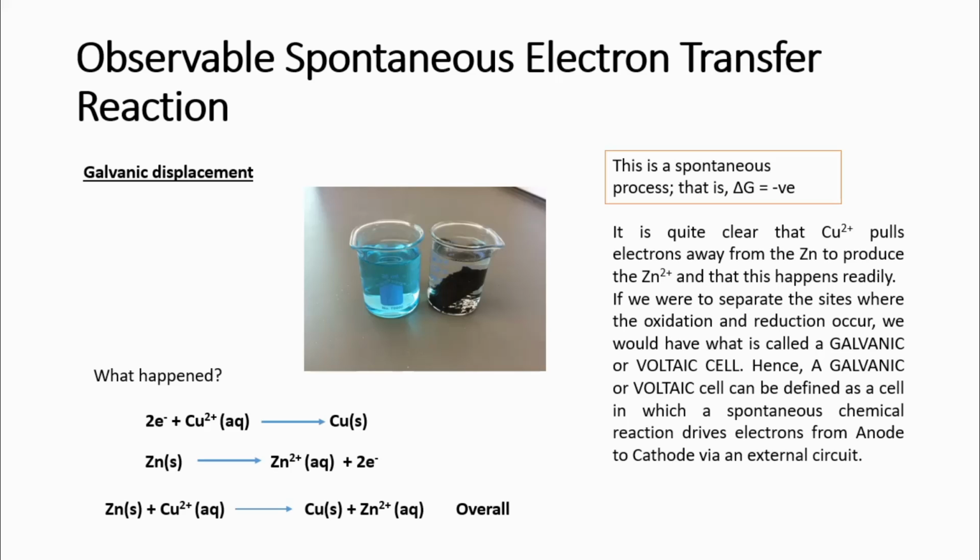And this brings us to the fact that we have two types of electrochemical cells. You have the galvanic cell, which is also called the voltaic cell, and we have the electrolytic cell.